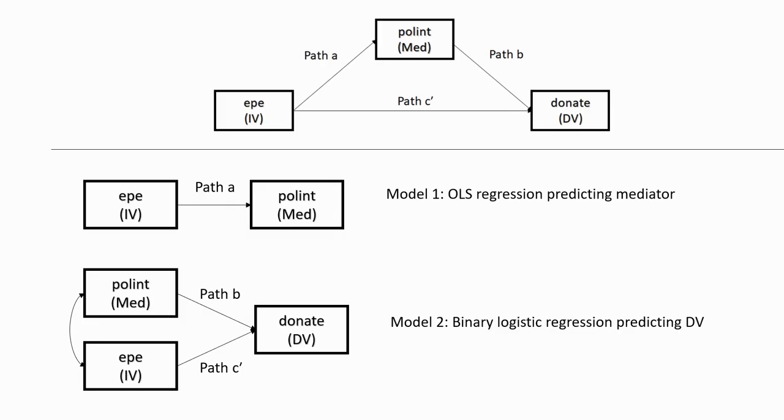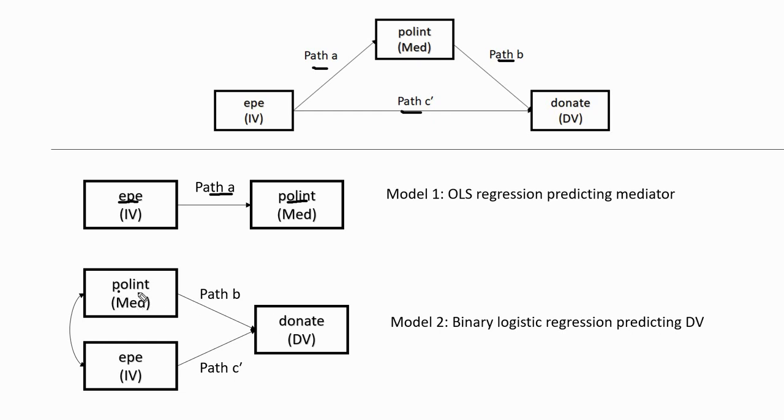Now, very briefly, just keep in mind that the overall mediation model, where we have path A, path B, and path C, which are all reflecting direct effects, these paths are estimated through two regression models. So model 1 is a least squares regression where we are predicting the mediating variable from the independent variable right here. So that's where we are estimating the coefficient for path A. Then the second model is a binary logistic regression predicting the dependent variable.